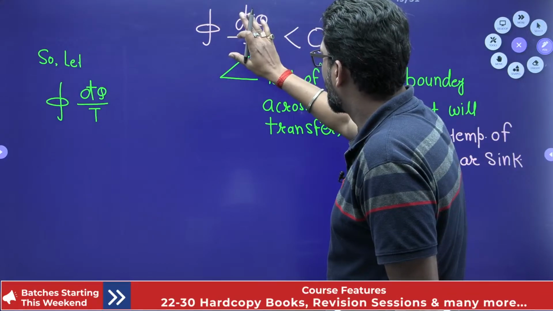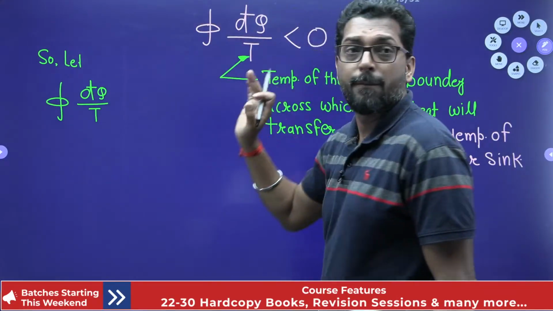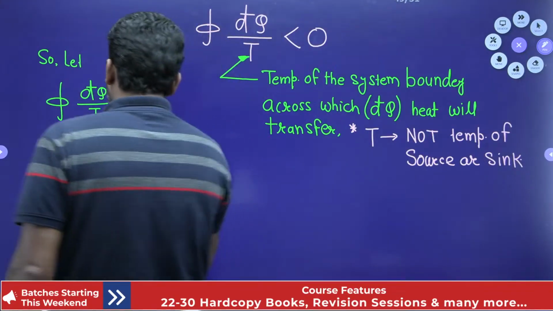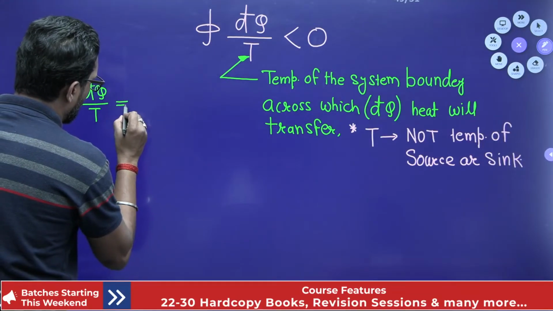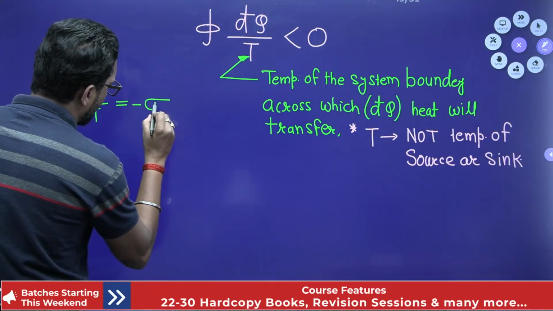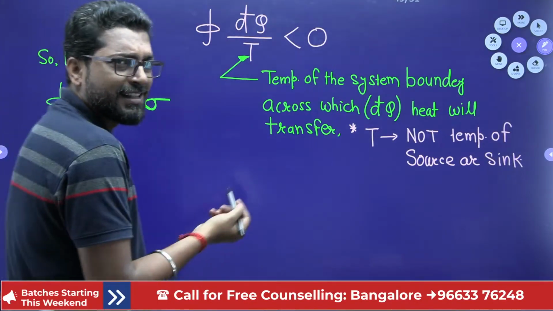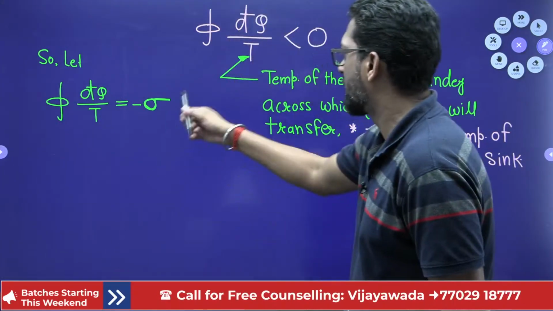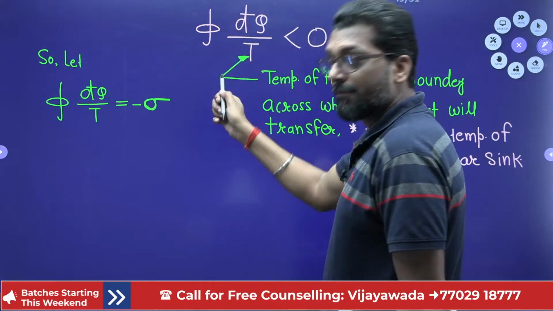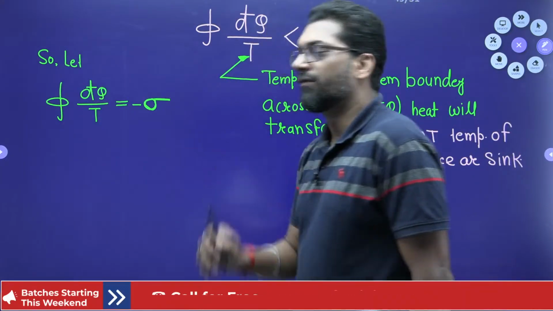Let's suppose this is minus some value, let's say sigma rho. Rho is the parameter, and for irreversibility this gives the negative value.